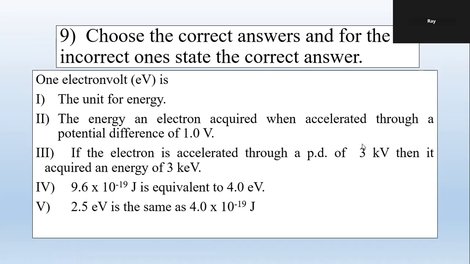True. Electron volt is defined as the energy an electron acquires when accelerated through a potential difference of 1 volt. True or false? That's the definition of electron volt. True.